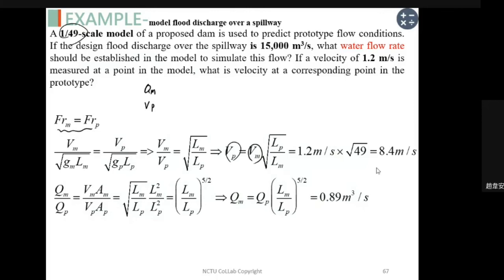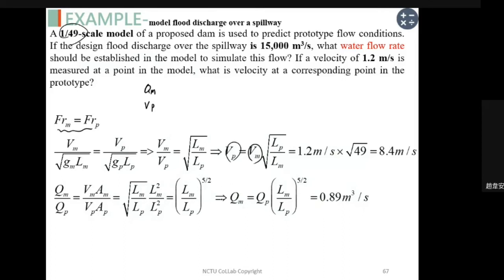And we need to compute the discharge. So Qm divided by Qp is equal to Vm Am divided by Vp Ap. Then we rearrange, replacing the velocity ratios by the length ratios, and the area also changes to length dimensions.